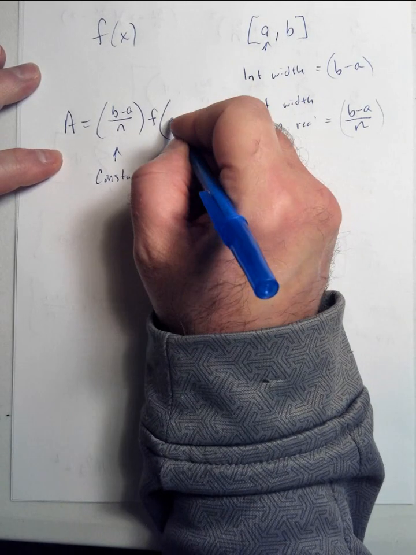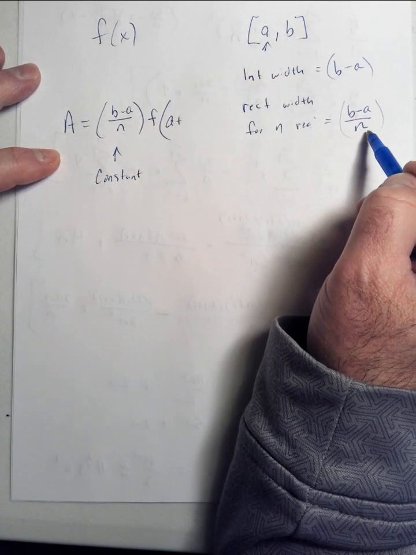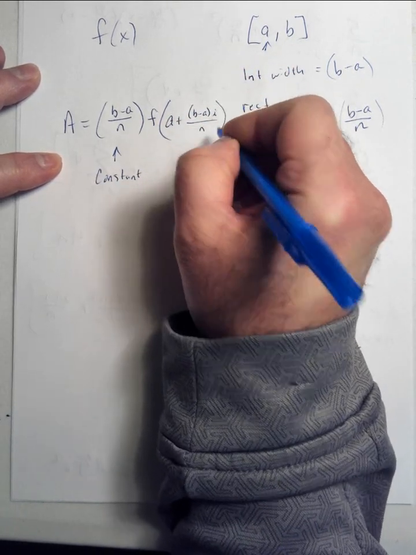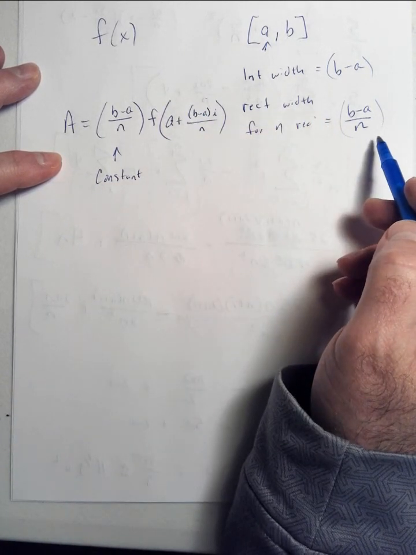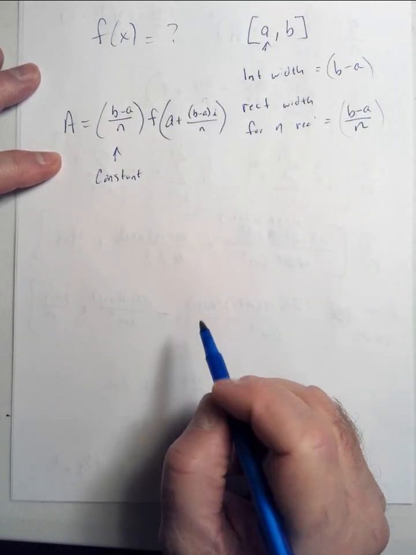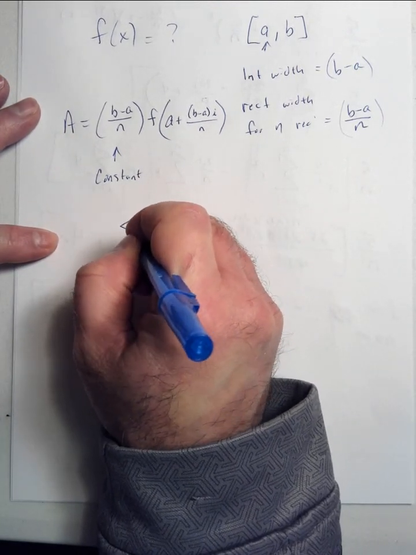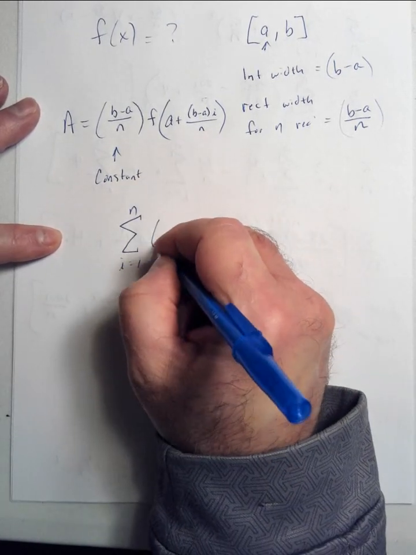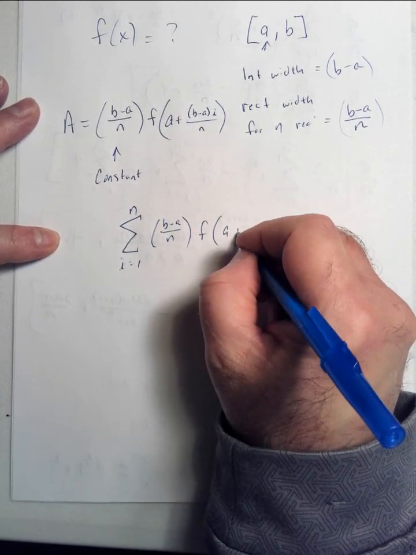So I take my starting point, which is a, and I add on iterations of my rectangle width, which is b minus a times i over n. So again, this is my rectangle width, which you're going to find first. Starting point, plug it into whatever function we have, and then you move along. So we are summing as i goes from 1 to n of my width times my height.